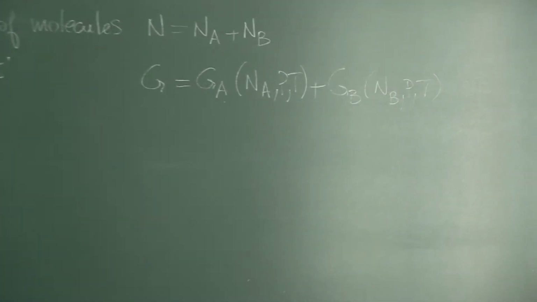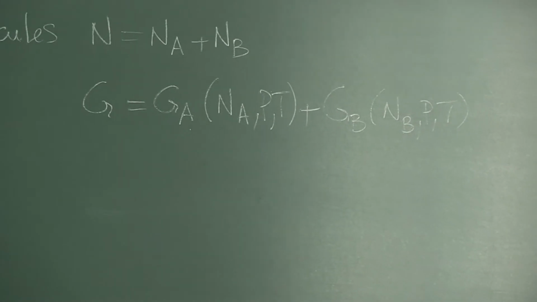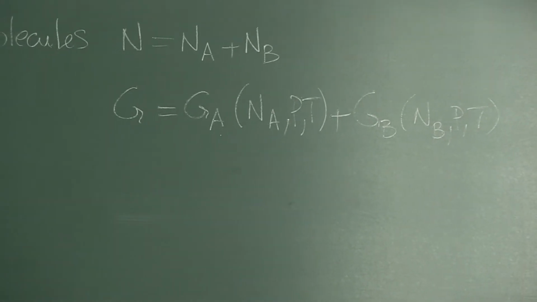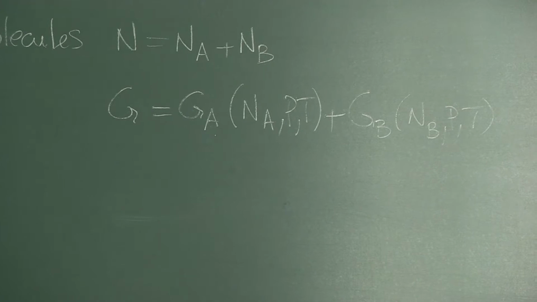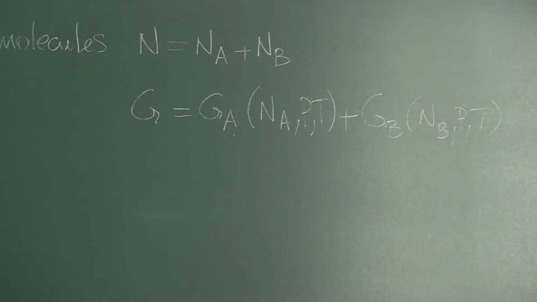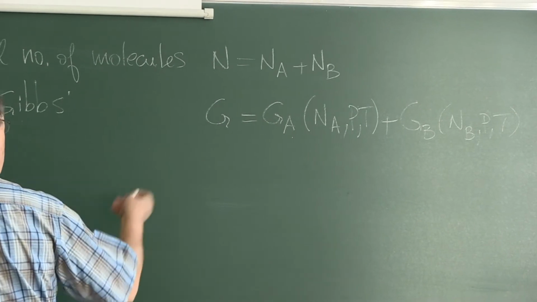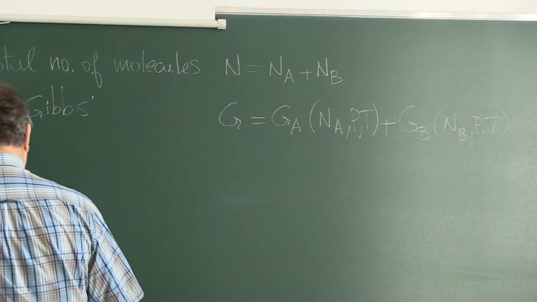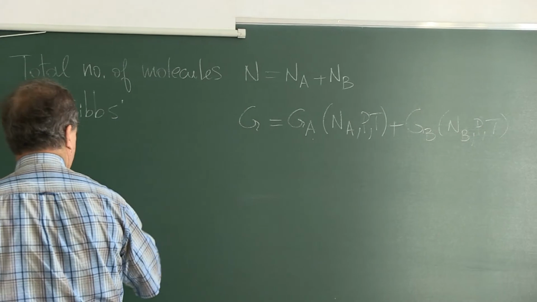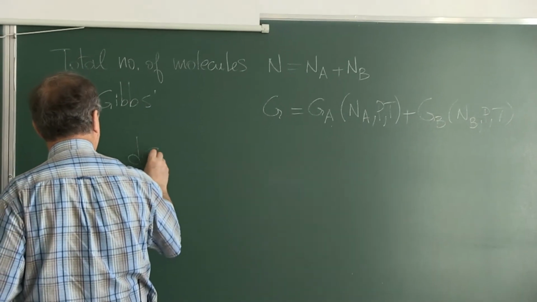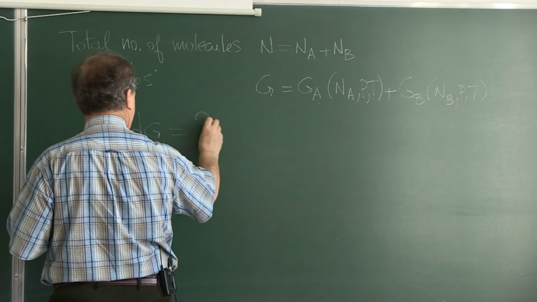Now, if they don't coexist together, then there will be particle exchange from one phase to another. And as the numbers NA and NB change, the Gibbs free energy changes as follows.